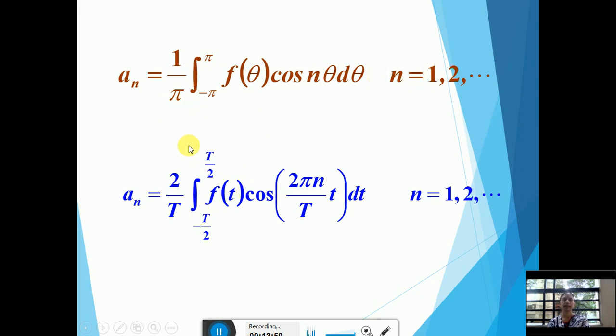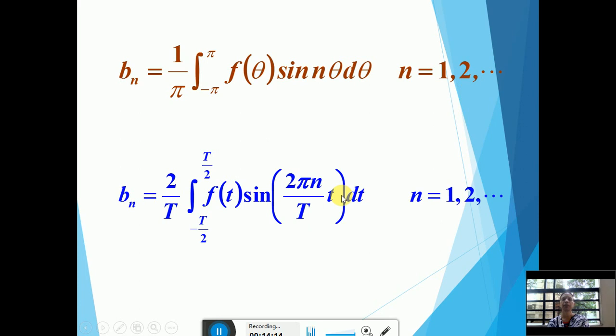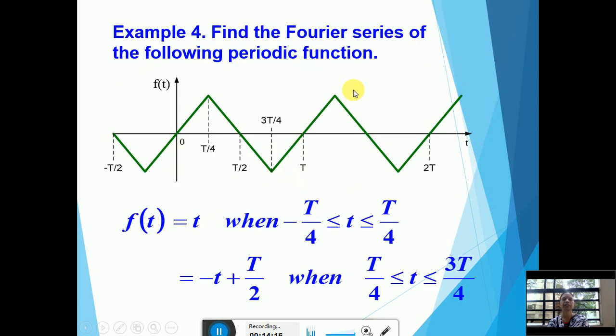And theta is replaced with t. This is 2 pi n by T times t. So this is with respect to angle, this is with respect to time. Bn is given by this.